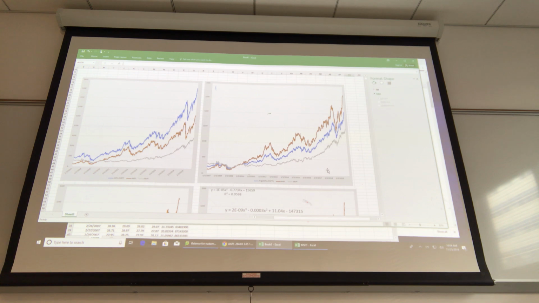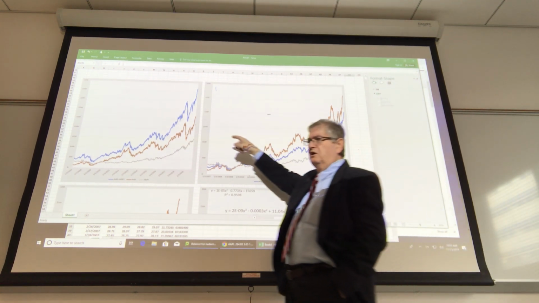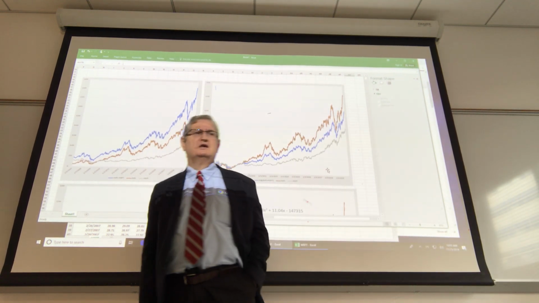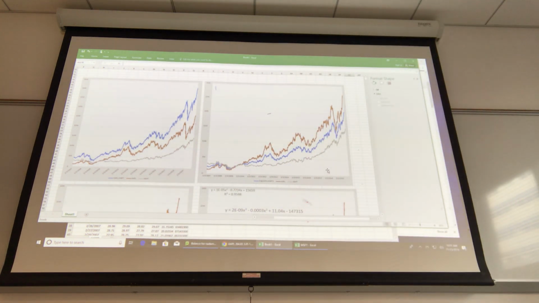Does it move up and down in a different way? If you look at this, you may say yes, because the drop here is much smaller than the drop here. Is this the reality or is this the fallacy?